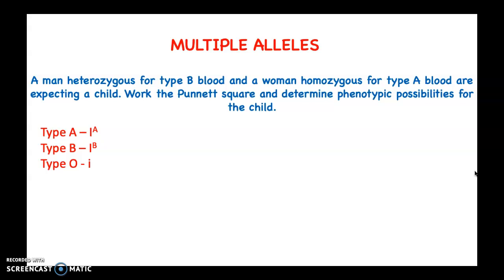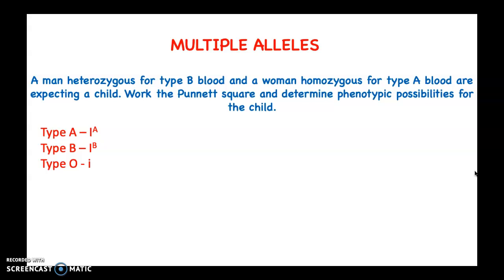Okay, we look at the two parents. It says the man is heterozygous for type B blood. Heterozygous means you have one dominant allele and one recessive allele. So that takes care of him. It says the woman is homozygous for type A blood.